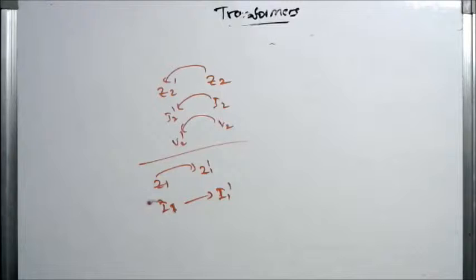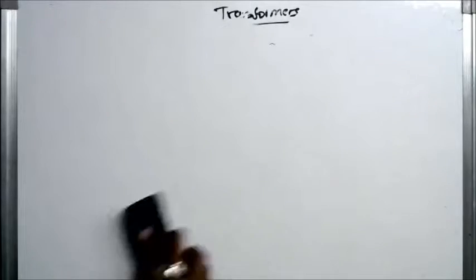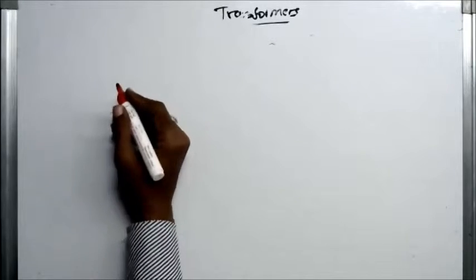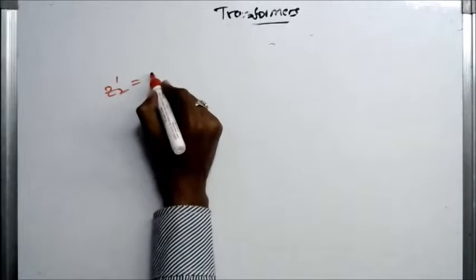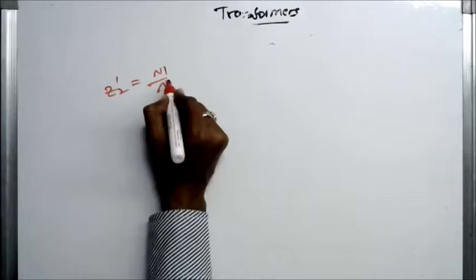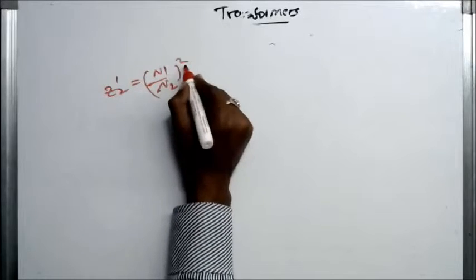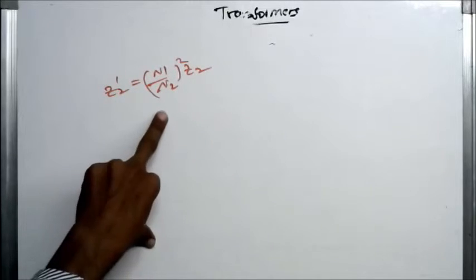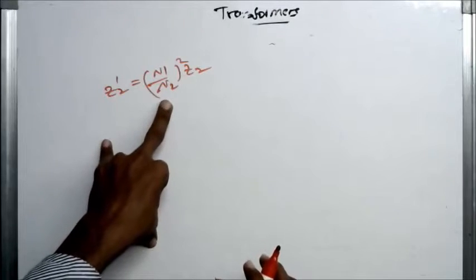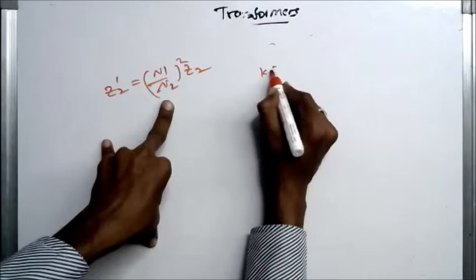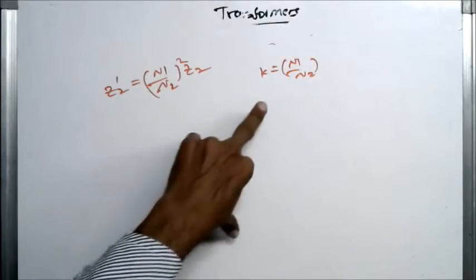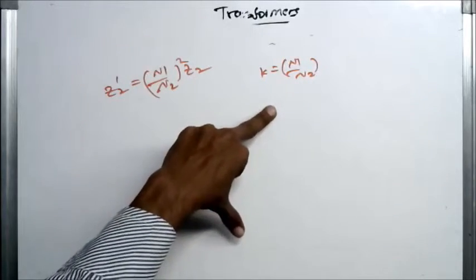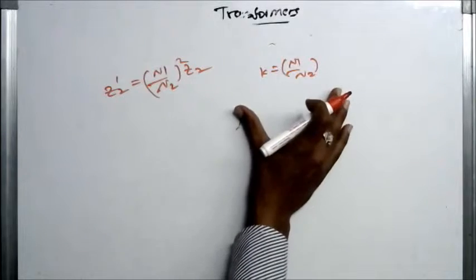Now if Z2 is referred to the primary side, then Z2 dash is equal to (N1 by N2) whole square into Z2. This is the direct ratio. We will take K equal to N1 by N2, or you can take K equal to N2 by N1, but anyway you stick to one notation.